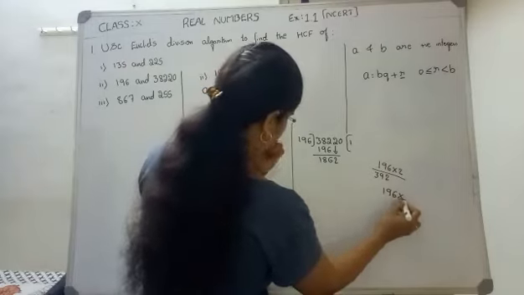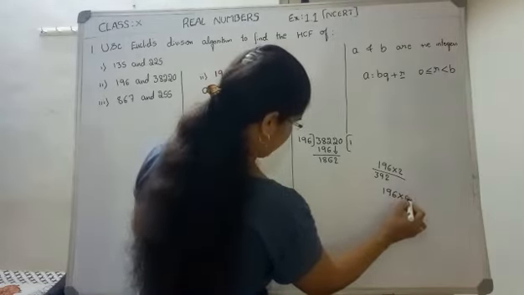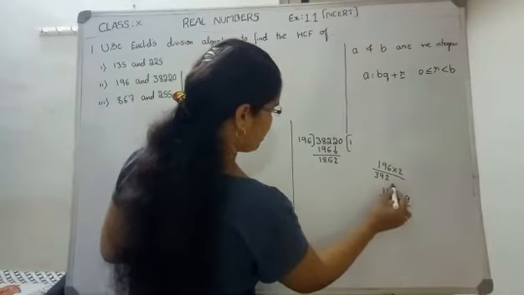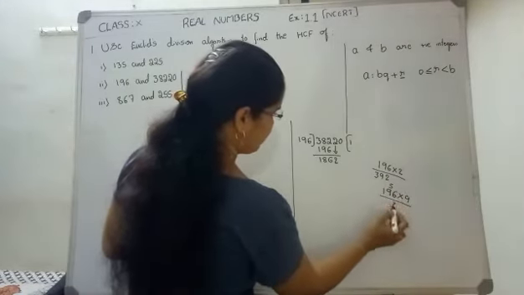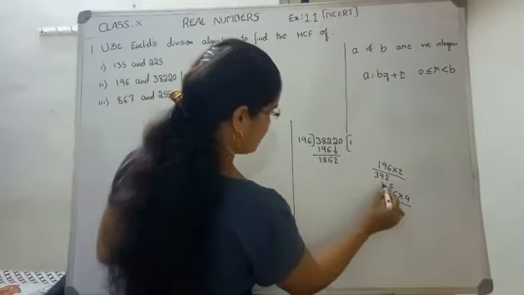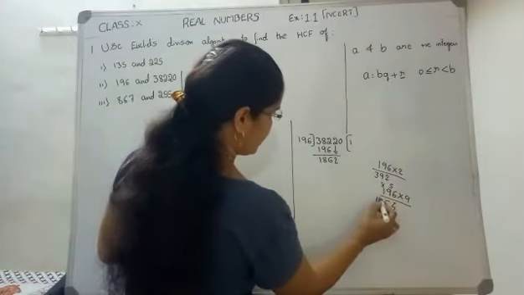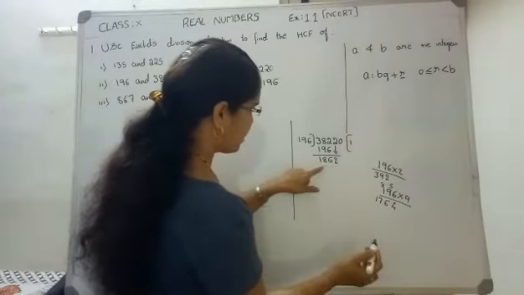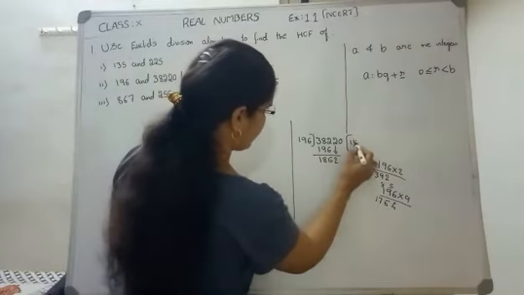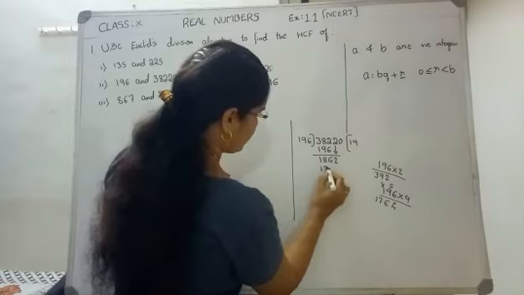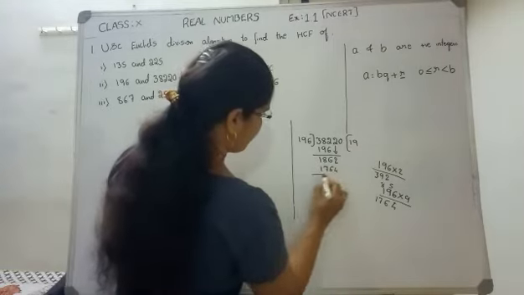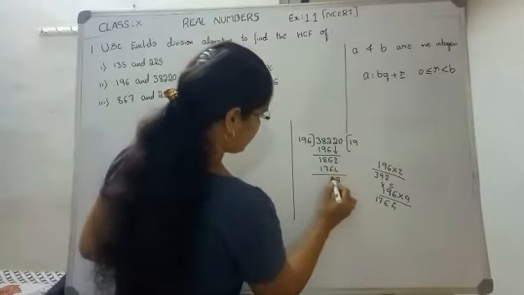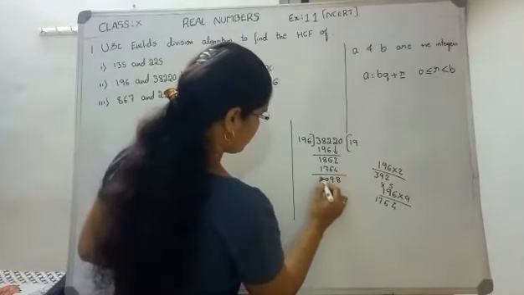196 takes up big numbers. 9s are 1764, which is less than this, so you can take 9. 12 minus 4 is 8, 15 minus 6 is 9, 0.